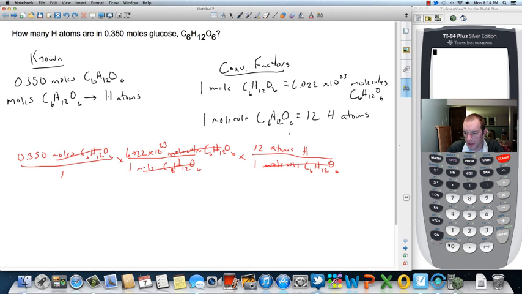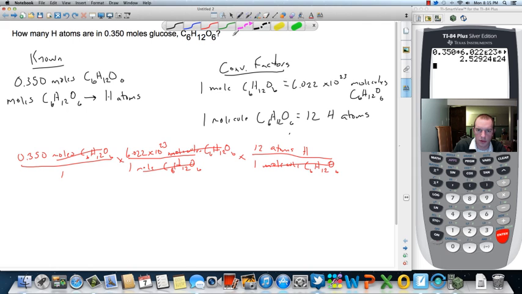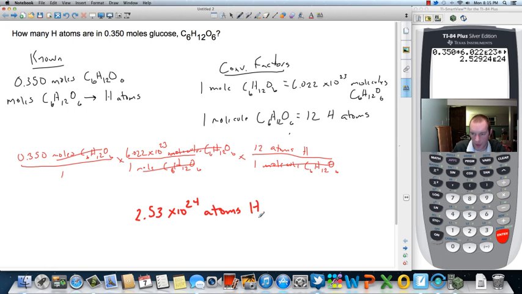We can see that over here, 0.350 times 6.022 times 10 to the 23rd, which is Avogadro's number, times 12 is going to equal 2.53 times 10 to the 24th atoms of hydrogen. Okay, so pretty straightforward.